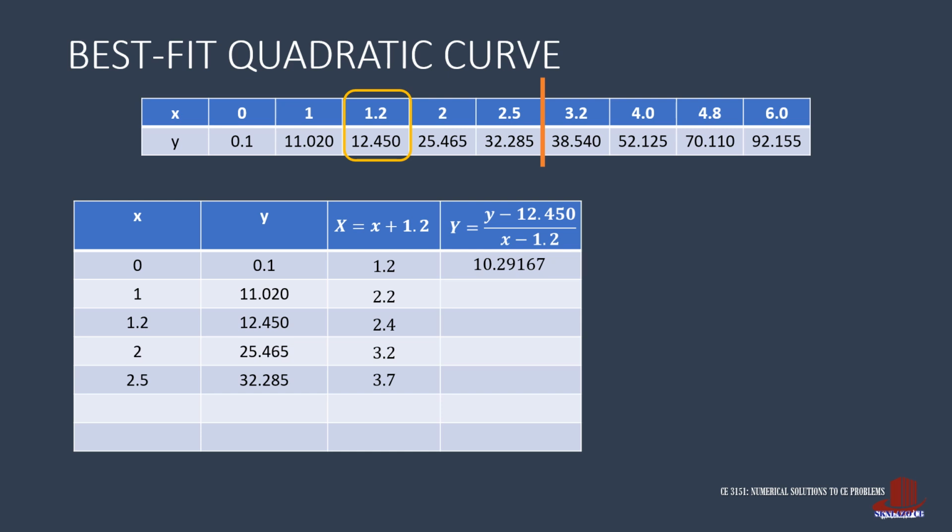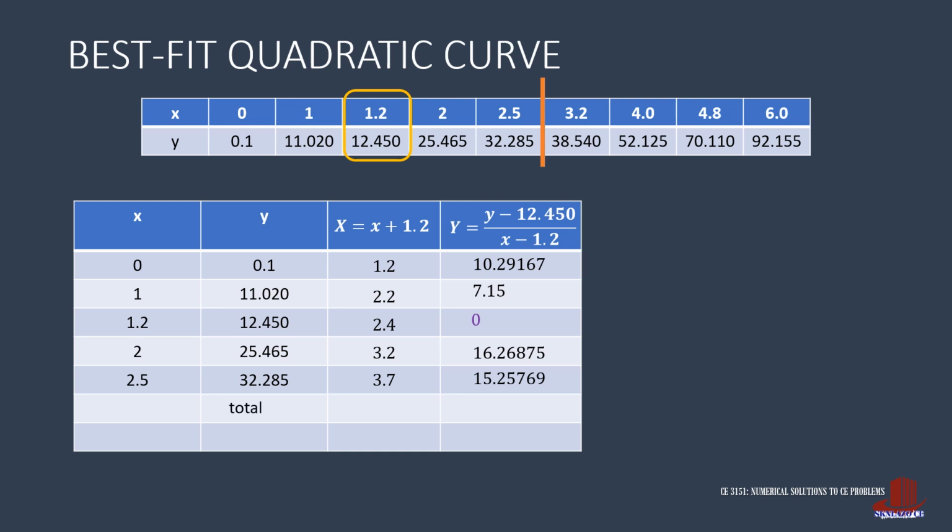Next is for the column of y, where the initial value is 0.1 minus 12.45 all over 0 minus 1.2, and that is 10.29167. Do the same for the rest, but then take note that the third point is the one in our interest, which eventually will come out as undefined, so take it as 0.